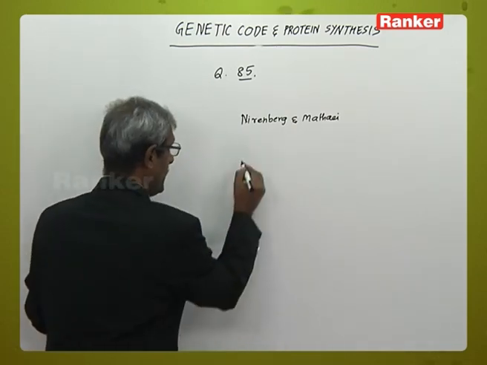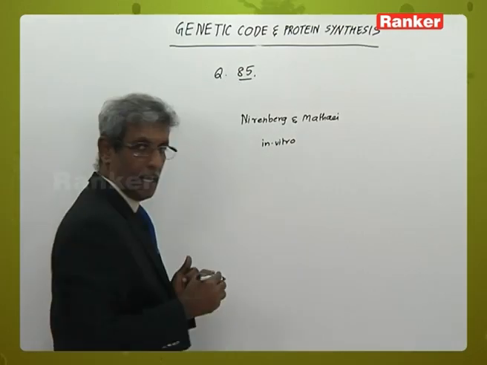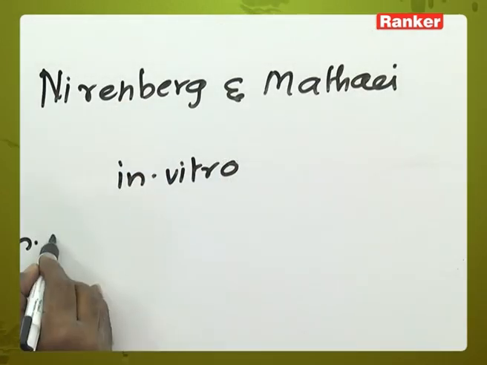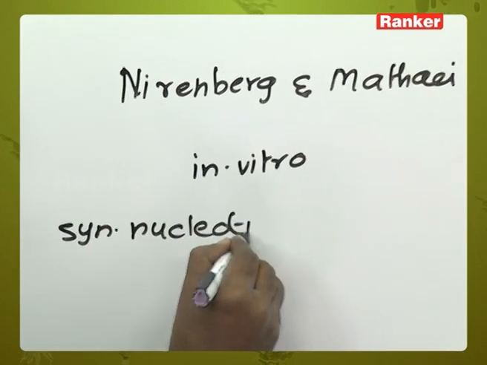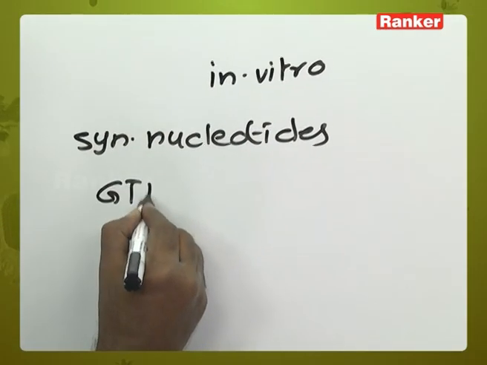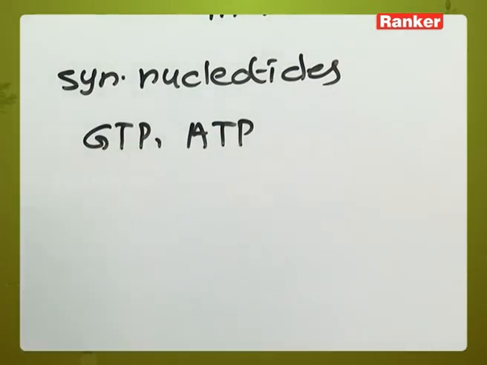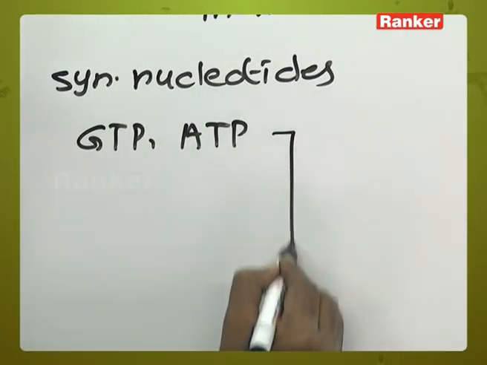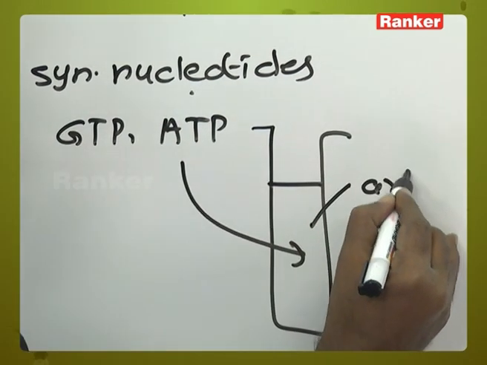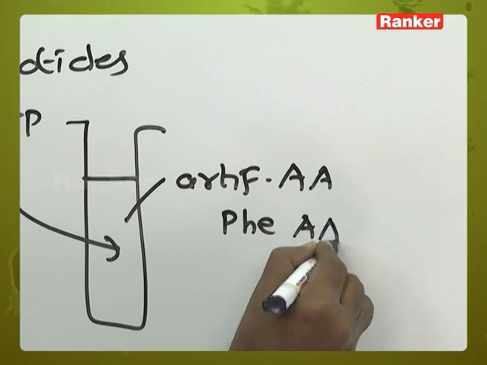Nirenberg and Matthaei primarily discovered, in in vitro studies, under test tube conditions, that when you take synthetic nucleotides and support them by addition of GTP, ATP and other cofactors, the synthetic nucleotides could synthesize an amino acid like phenylalanine.